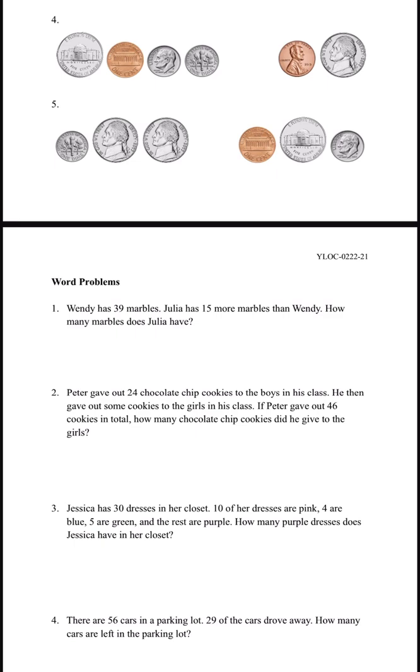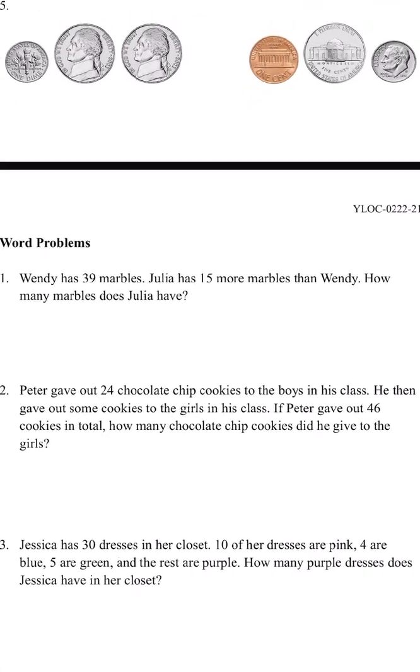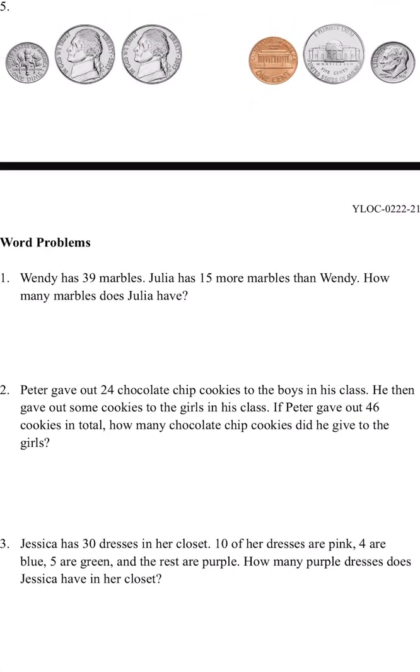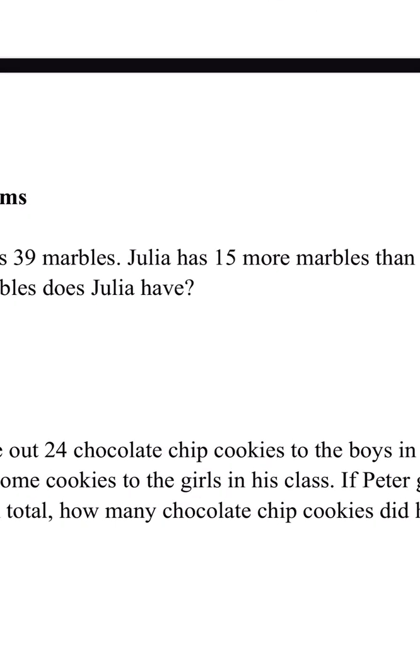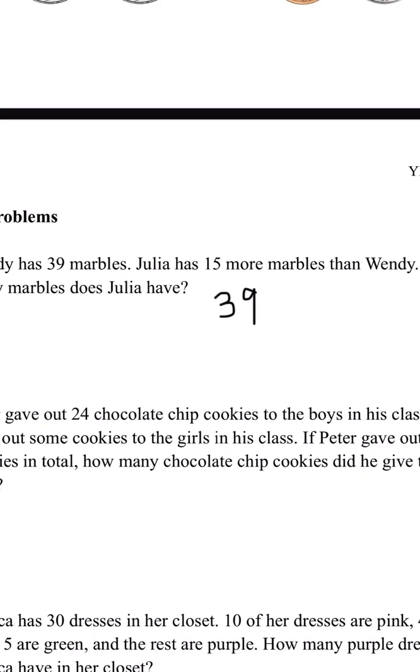Now, the word problems. Number 1, we have Wendy has 39 marbles. Julia has 15 more marbles than Wendy. How many marbles does Julia have? So we put 39. Julia has 15 more marbles than Wendy.